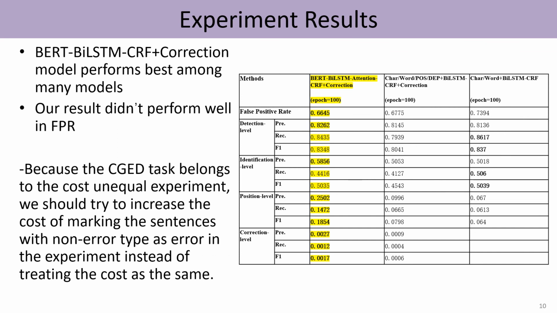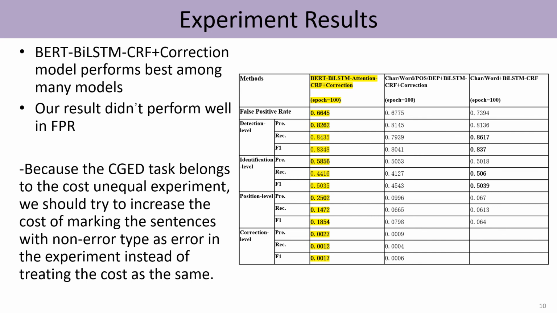Our result shows that the system BERT BiLSTM-CRF plus correction model performs best among many models. This is because BERT encodes sentences effectively, extracting dynamic word vector features of the sentence.